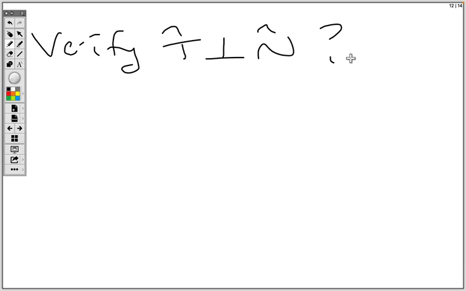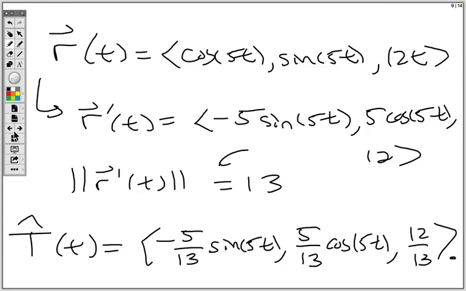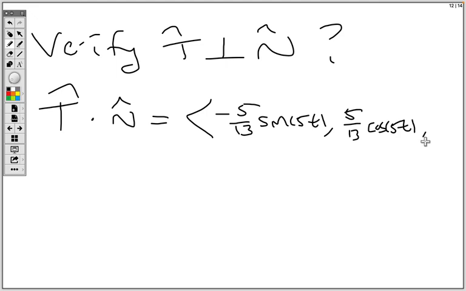And if they're orthogonal, the dot product should be what? Should be 0. So we go back to our T hat: minus 5/13 sine of 5t, 5/13 cosine of 5t, 12/13, dotted with our N hat.